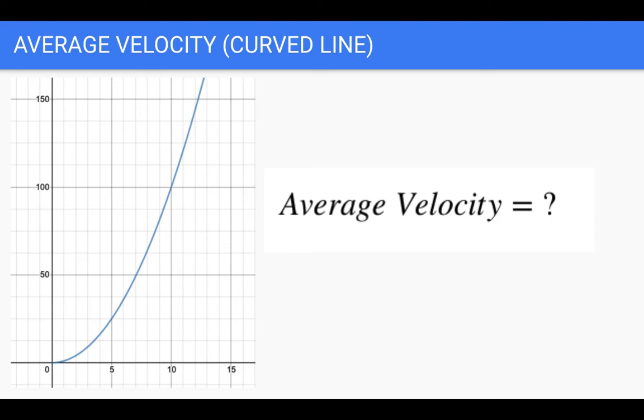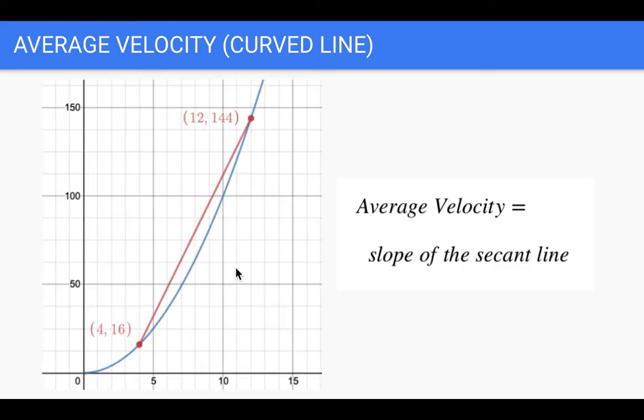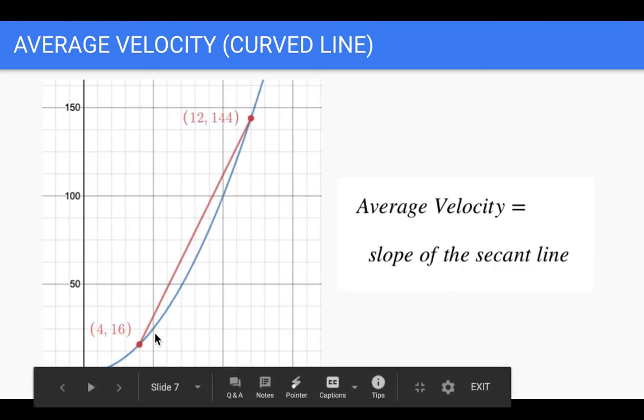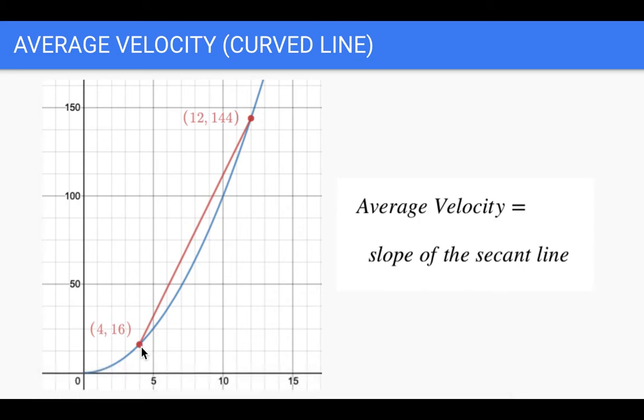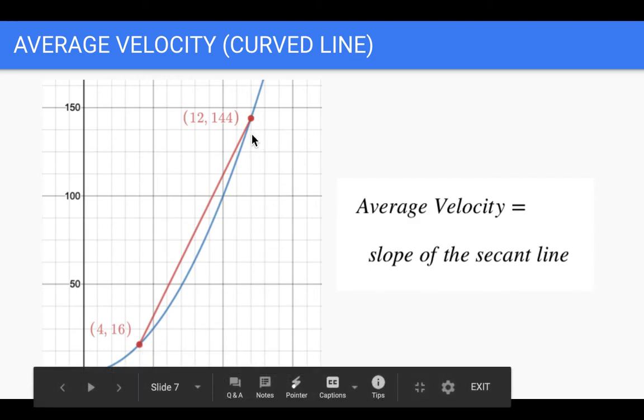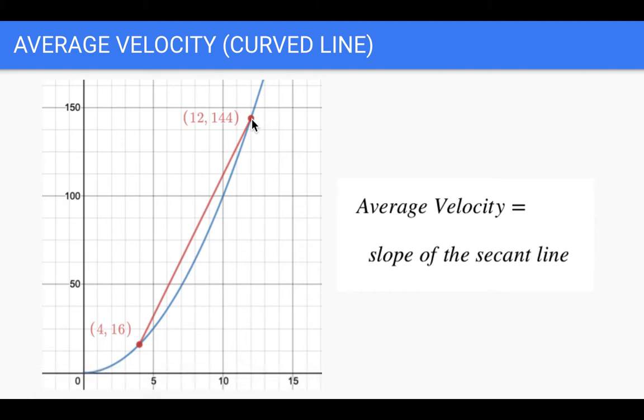Last time we said we could draw a secant line between 2 points. Let's say we wanted to know the velocity from 4 seconds into the skateboarding activity to 12 seconds. We could calculate the average velocity by knowing that after 12 seconds, the skateboarder is 144 feet from where they started.